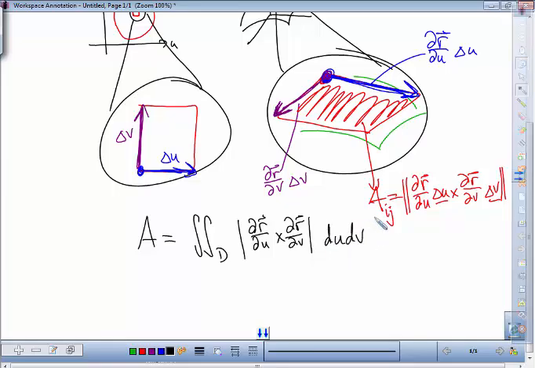And then I could just have put dA there, but we just put du dv, or dv du, in whatever order is necessary. So this is your surface integral. This is your surface area.